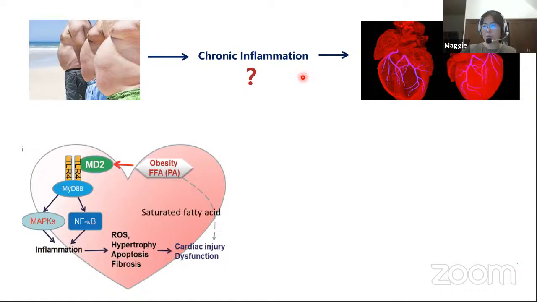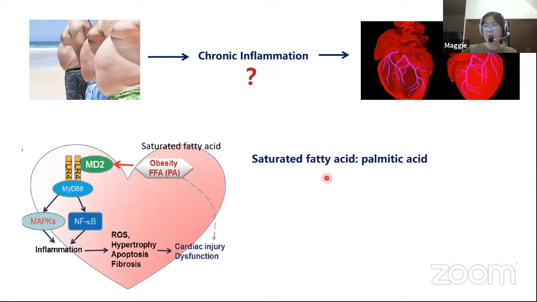In this model, we use saturated fatty acids to develop the obese model, because obese people usually have a high level of saturated fatty acids in their circulating blood. And in our body, the most common saturated fatty acid is palmitic acid, which I abbreviate as PA.